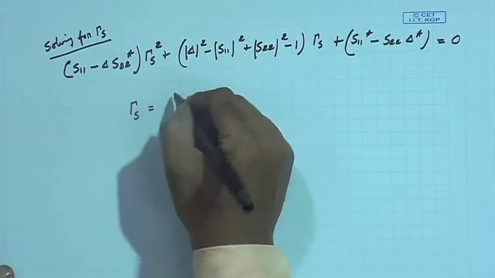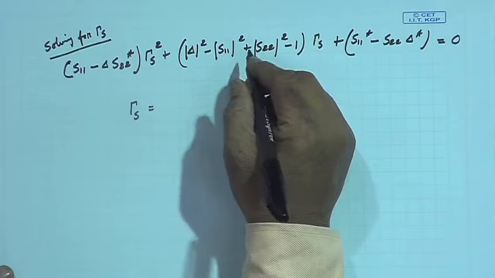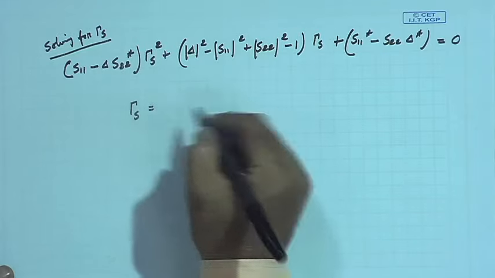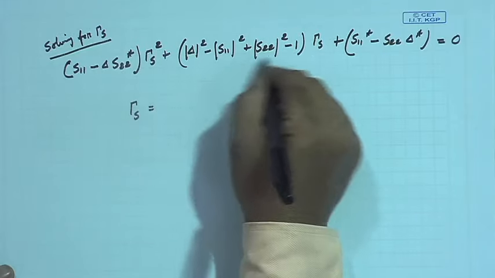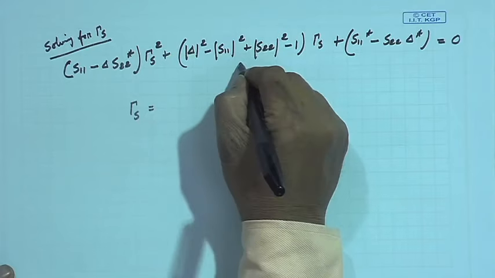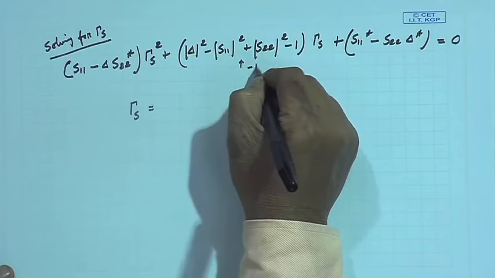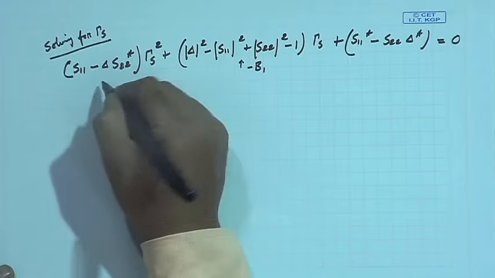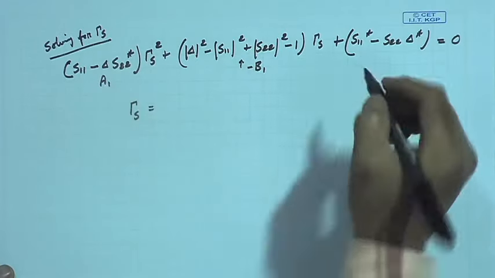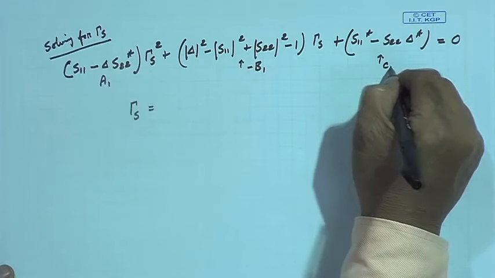I call this whole thing minus B1, this one A1 and this one C1.